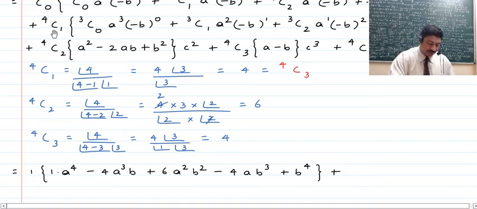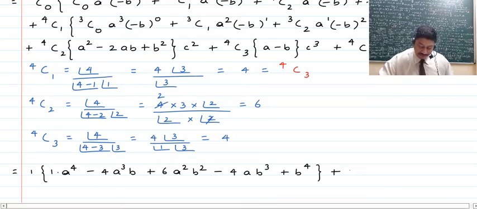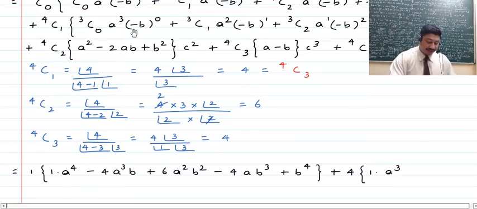Remember, now we are talking about this step, so we now require to multiply 4c1 with these 4 terms. Now 4c1 we've already calculated to be 4, and that, children, we're going to now multiply with 3c0, which will be 1 multiplied with a raised to the power 3, as minus b raised to the power 0 is going to become equal to 1.